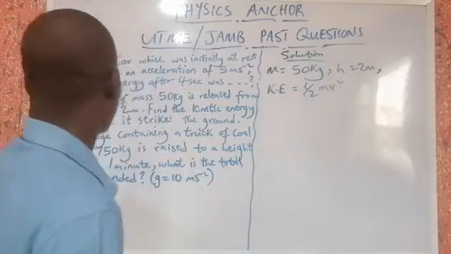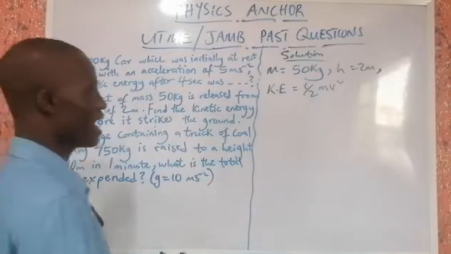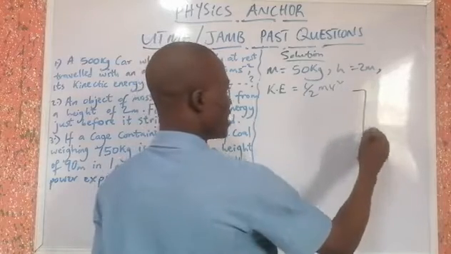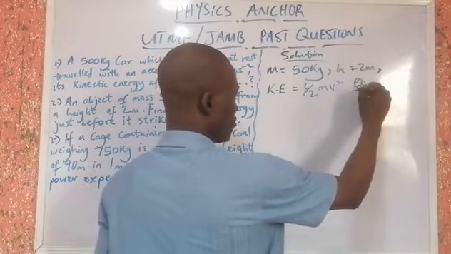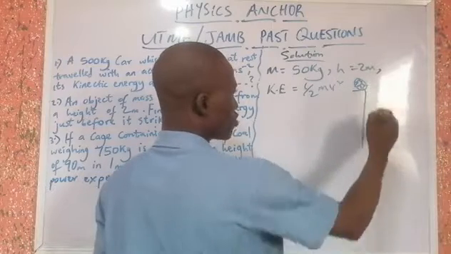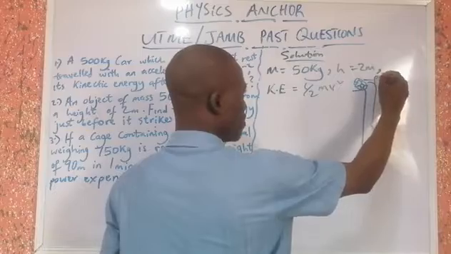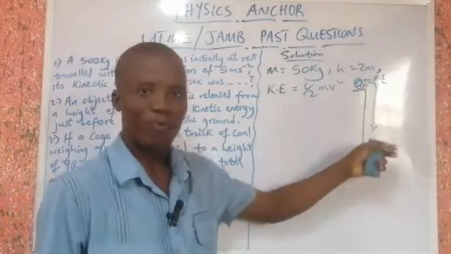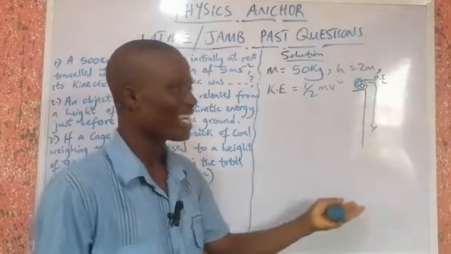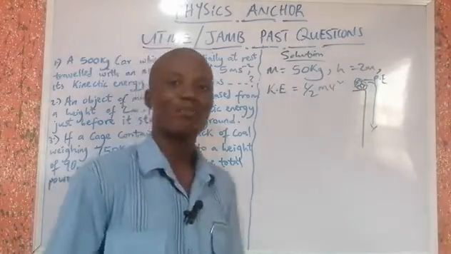In other words, if we want to relate with this object that is being released from a particular height, this is the diagrammatic expression. Let's say that object is a ball. They did not tell us what kind of object it is, but let's just say it's a ball. This object has potential energy. So the potential energy of the ball is what is changed to the kinetic energy when the ball starts moving.